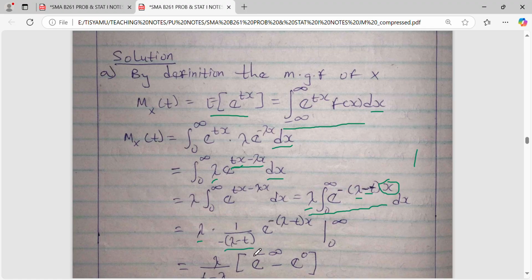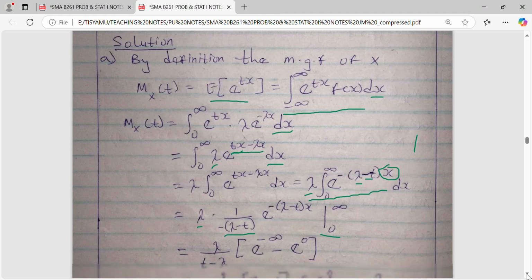That is what you divide the original exponential by. Then we apply the limits, which is from 0 to infinity. As we apply the limits, we can do away with the constants, we factor them out, and then we just deal with the exponential, which is the one involving x.